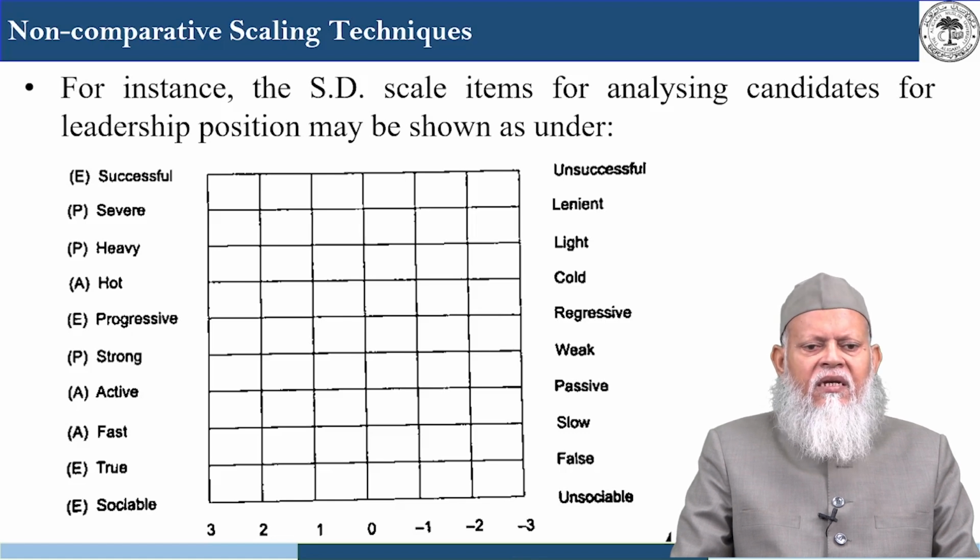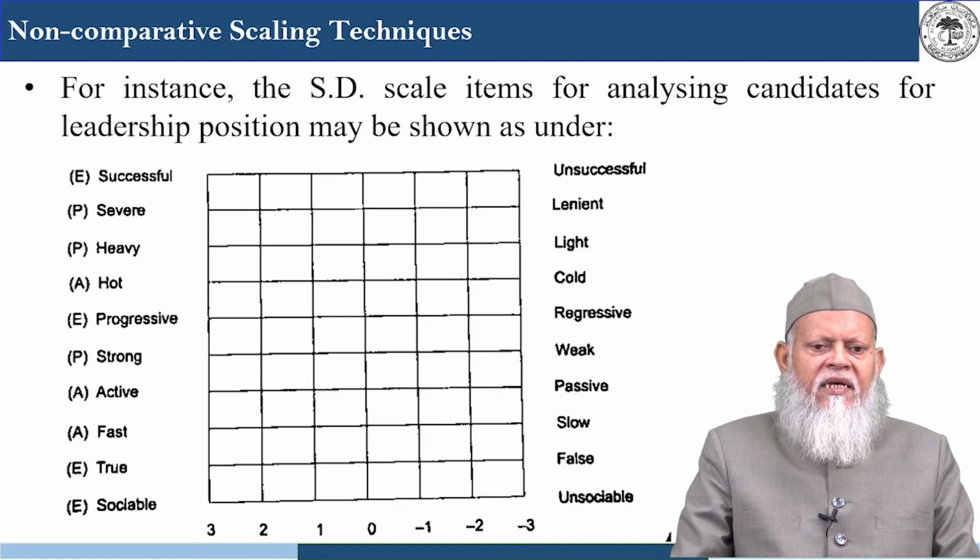If the stimulus is successful, then the maximum score is 3, and the minimum is -3 when it becomes unsuccessful. Similarly, the stimulus is severe. If it is 3, it means really severe, and the severity goes down toward leniency.